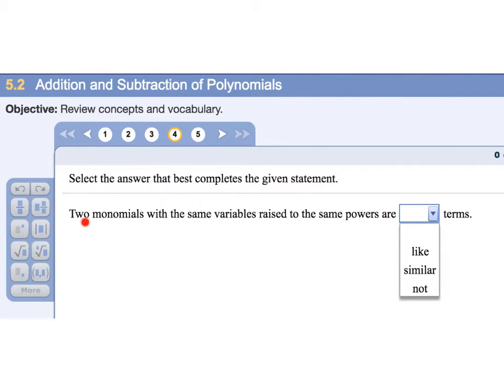Now here, two monomials with the same variables raised to the same powers. Okay, so what are they saying? That means you're going to have n and n, raised to the same power. So let's say n to the 3rd, n to the 3rd. In fact, we might even have 5n to the 3rd and 2n to the 3rd.